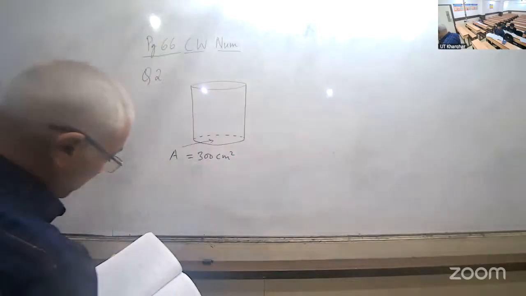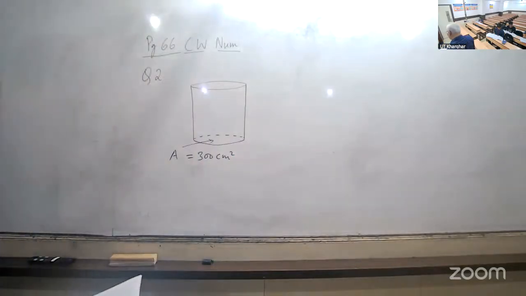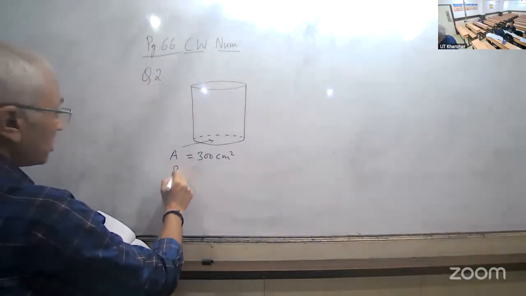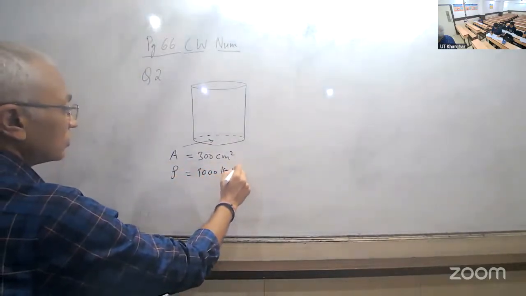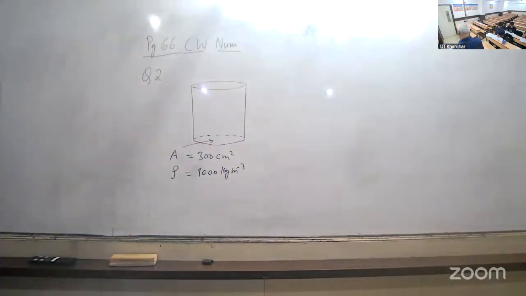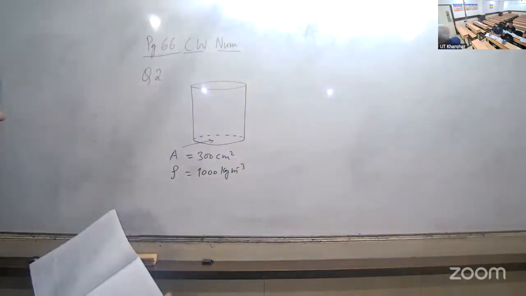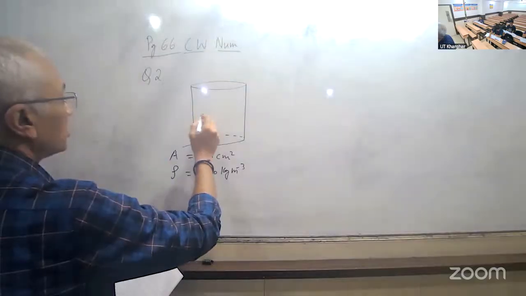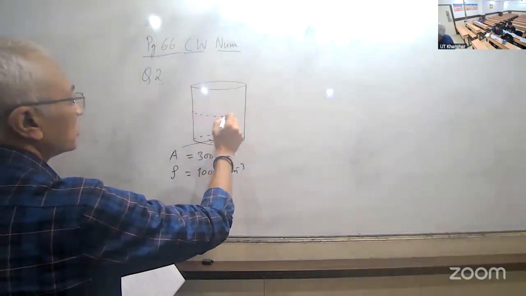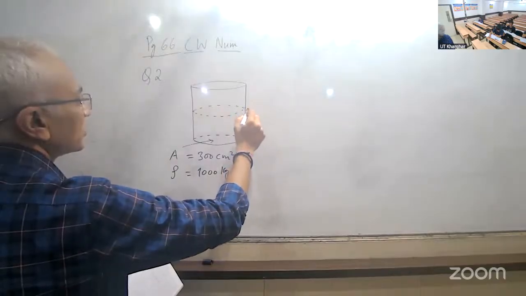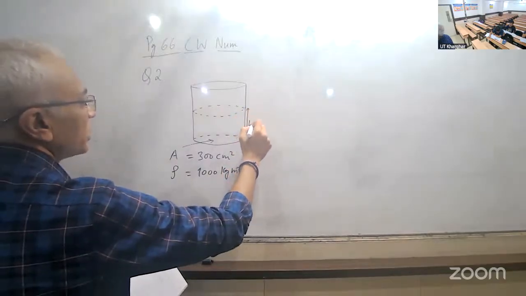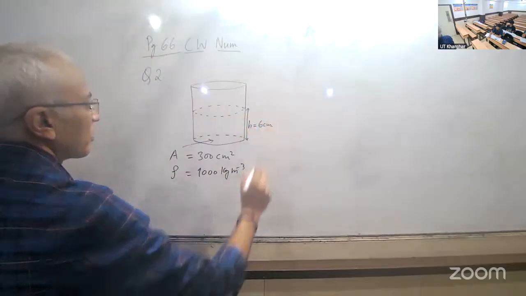The density of water is given as 1000. And till what depth is it filled? Water is filled till 6 centimeters. So H is equal to 6 centimeters.